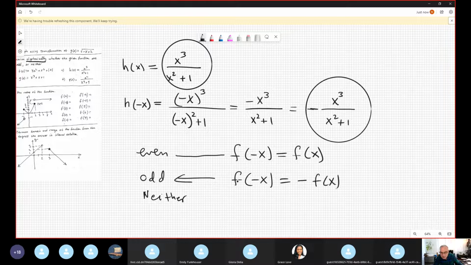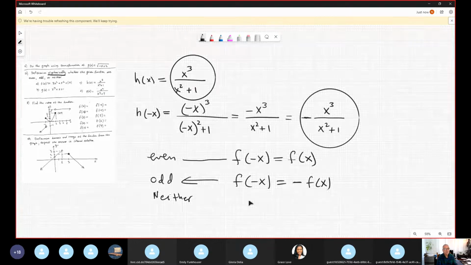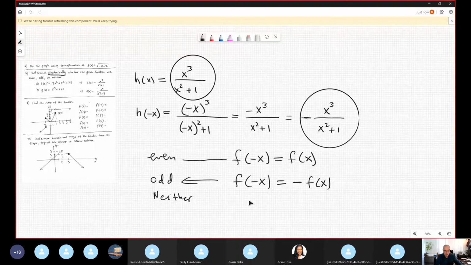It's exactly the thing that happened. This negative is this negative. Do you see? Yes. Otherwise, anything else weird is neither. In this case, odd function, obviously. Clear? Clear. Let's do the last one.